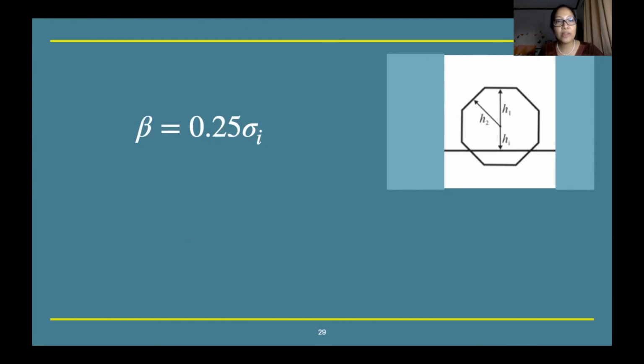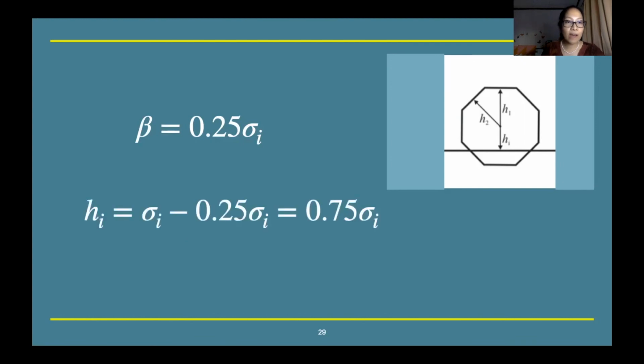This is what happens when beta is equal to 0.25 sigma I. Plugging this value in the equation, we have h sub I equals sigma I minus 0.25 sigma I, and the result is h sub I equals 0.75 sigma sub I. So this is a lesser value than the previous one.